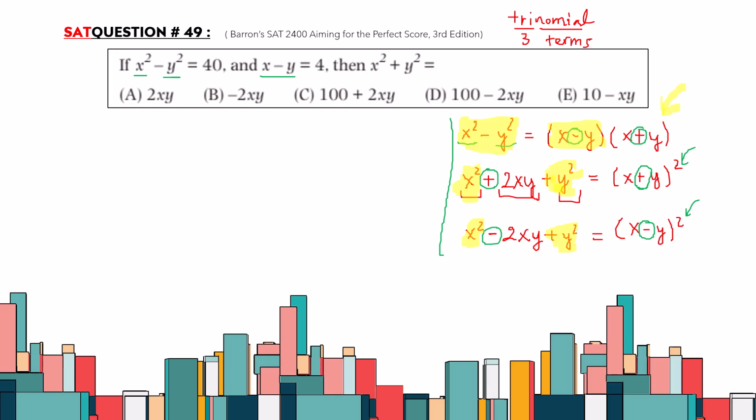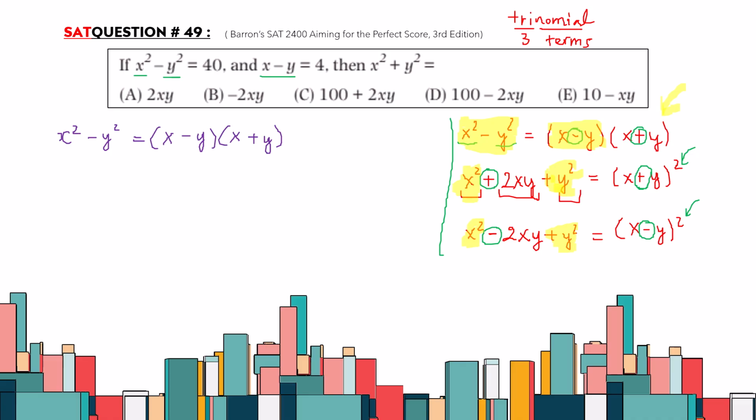So we have to think, and because of that, we have to rewrite it one more time. So let's write that down. We have x squared minus y squared, that is equal to x minus y times x plus y. This is the formula, right?